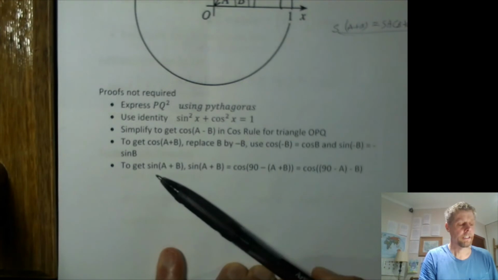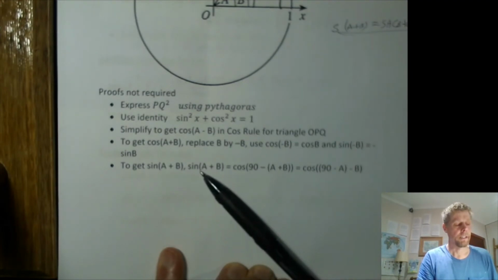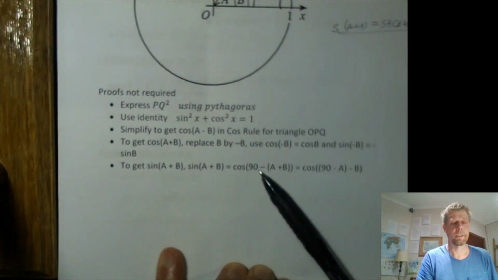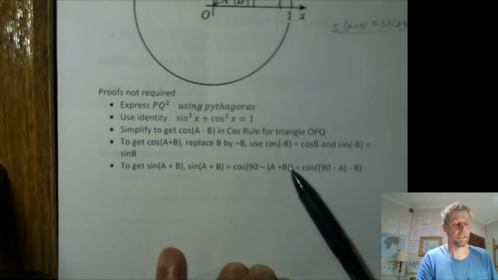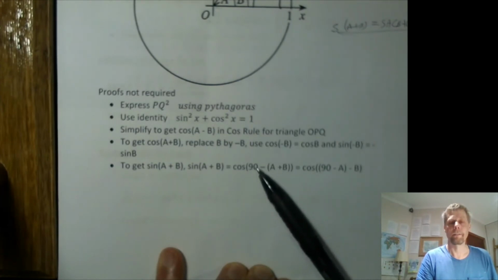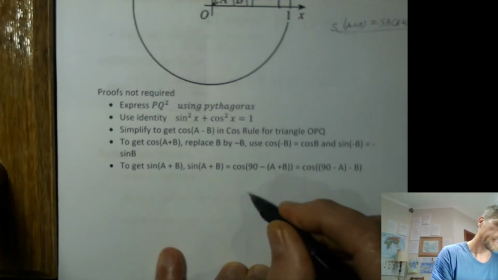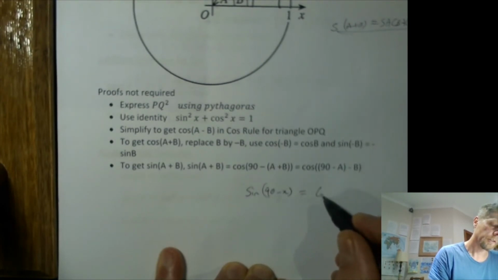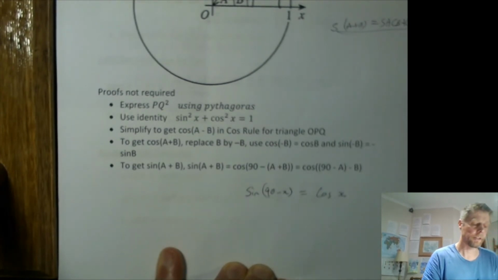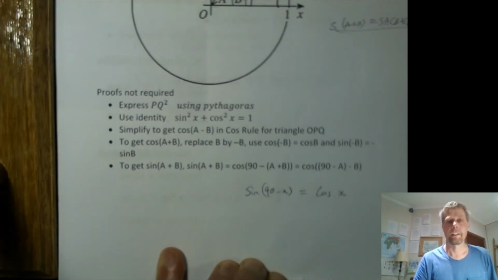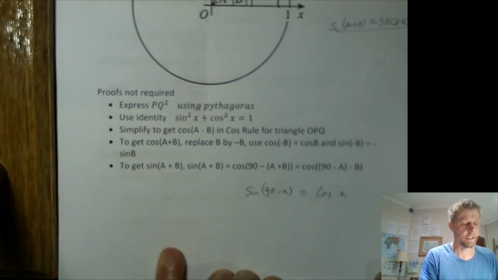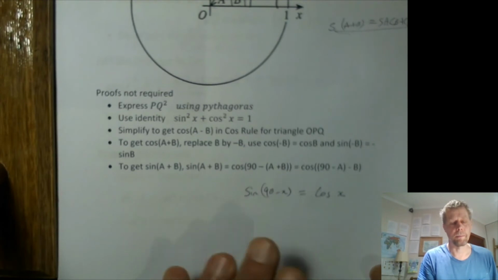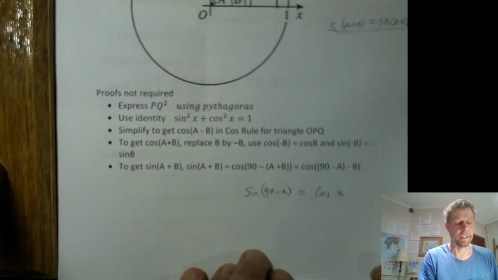And then to get the sine of a plus b, sine of a plus b equals cos of 90 minus (a plus b). Remember that sine of 90 minus x equals cos of x, and vice versa. That 90 is like a complement, and you can then flip between sine and cos.